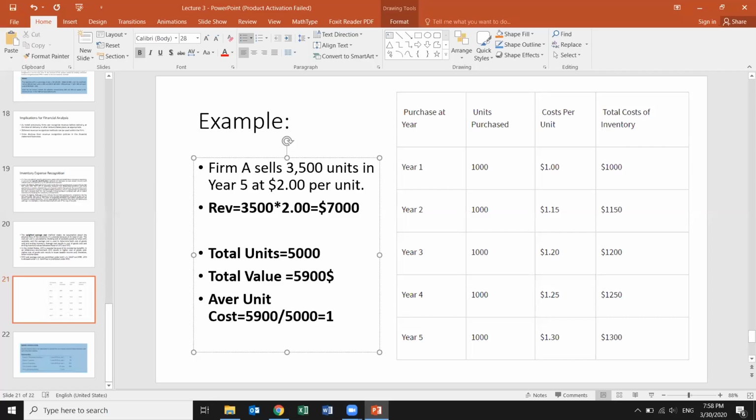So 1.18. The average unit cost is $1.18 per unit. Do you have any questions?